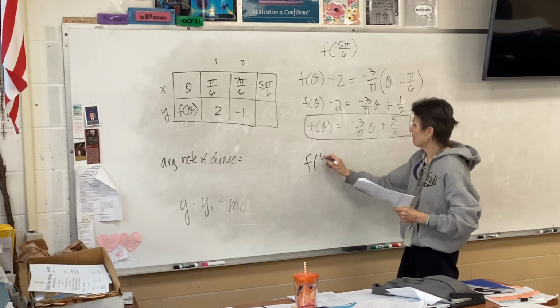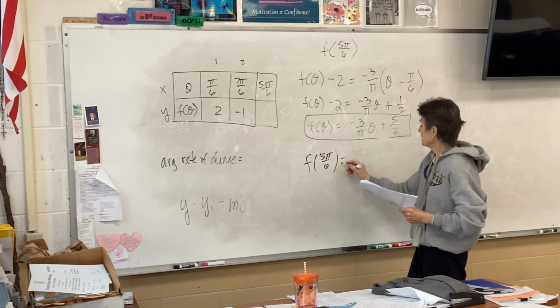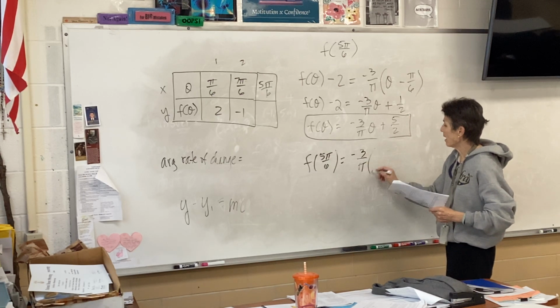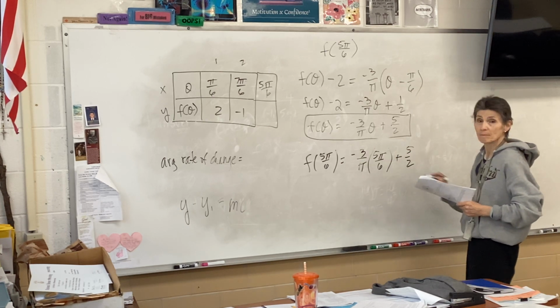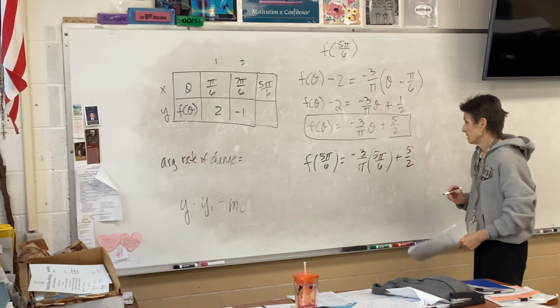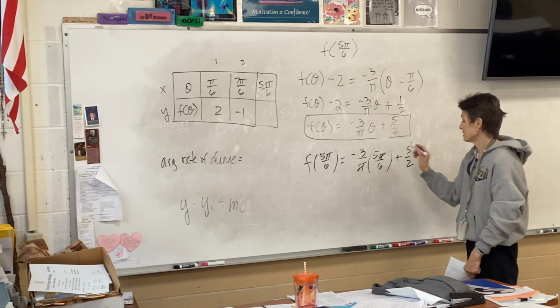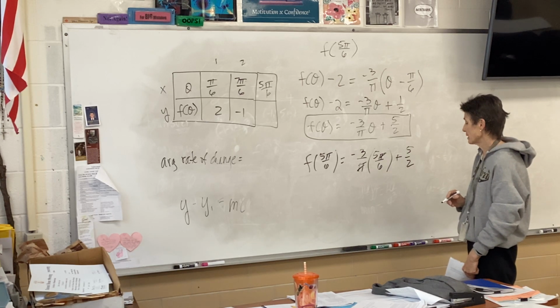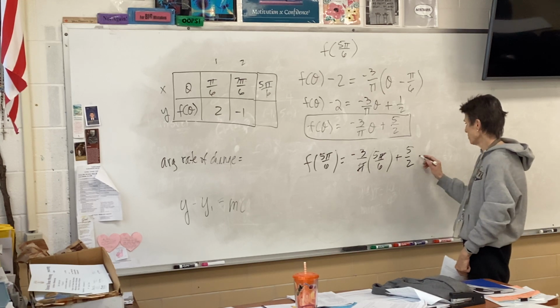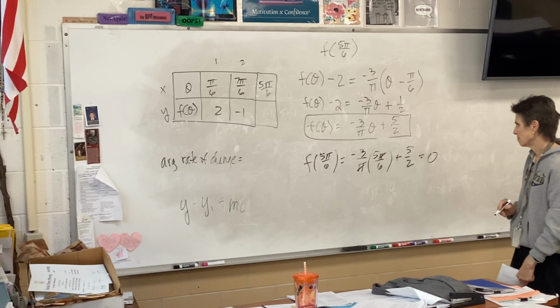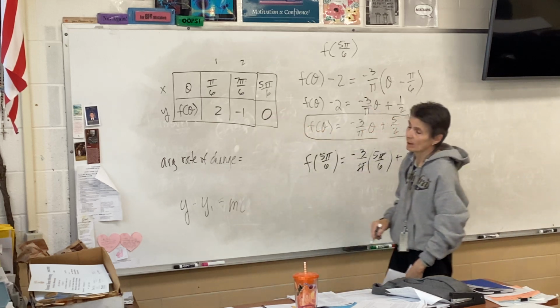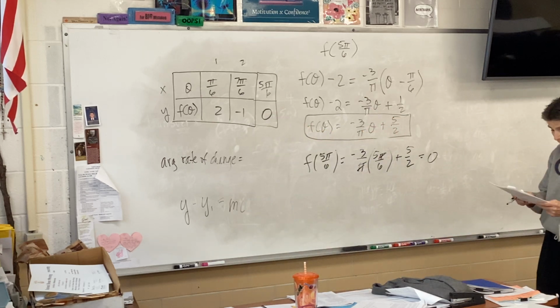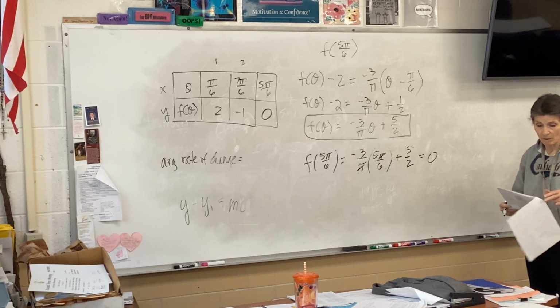So f of 5 pi over 6 is going to equal negative 3 over pi times 5 pi over 6 plus 5 halves. So that is going to be, is that 0? I think that's 0. So it says use it to approximate it, and we're going to approximate it at 0.